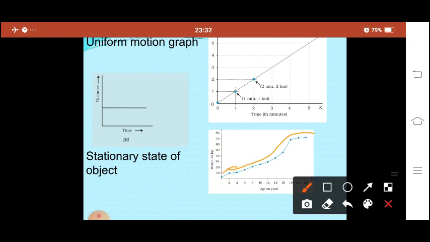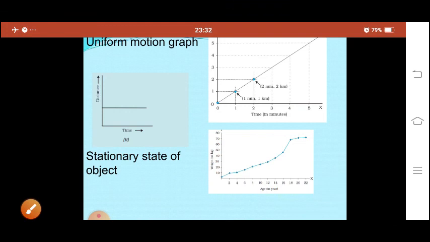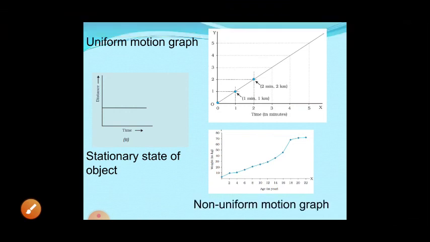This kind of graph is known as a non-uniform motion graph. With time, the distance is not changing in the same way; we are getting different changes of distance.